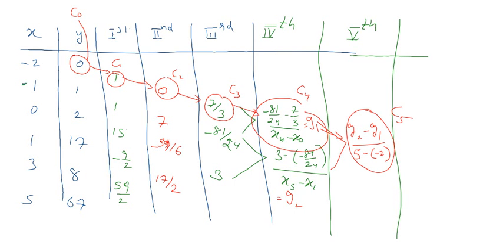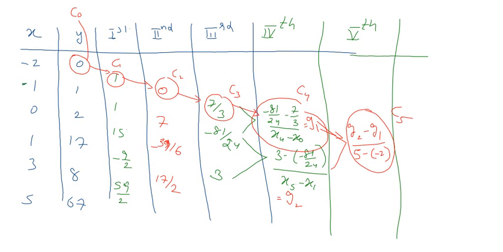If you look at the length of each interval, the distance between minus 2 and 1 is 3. From 1 to 0, the distance is 1. From 0 to 1 it is 1, but from 1 to 3 it is 2. From 3 to 5 it is 2. So they are arbitrarily spaced, not equally spaced.